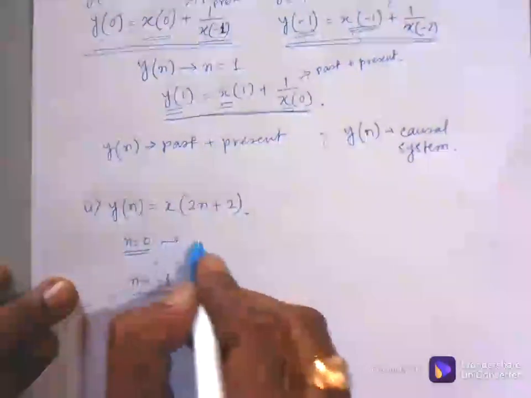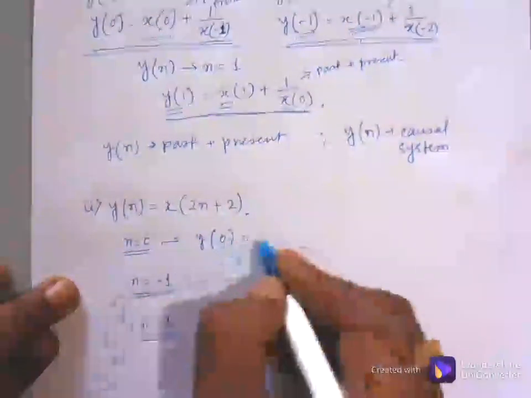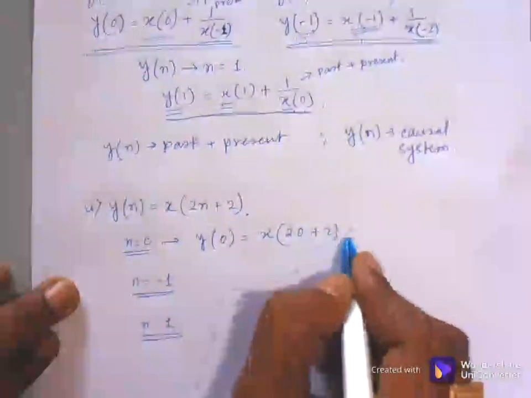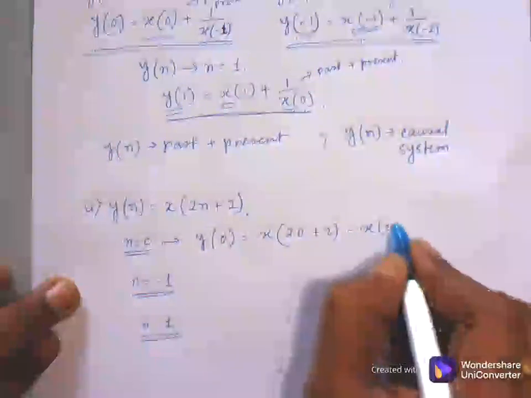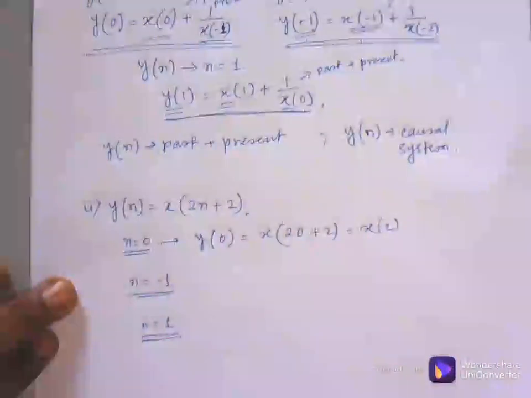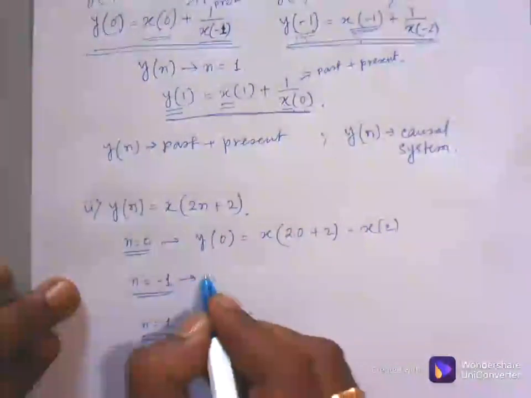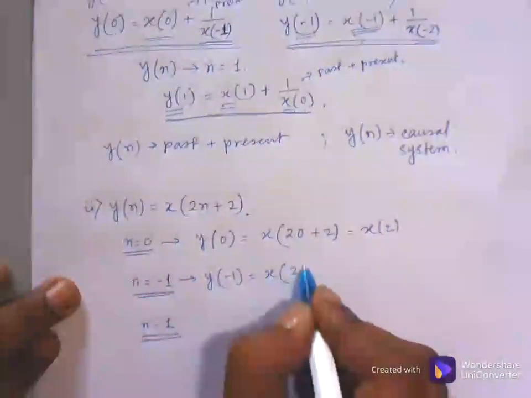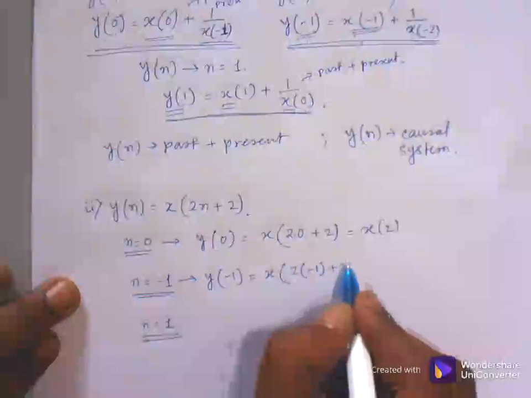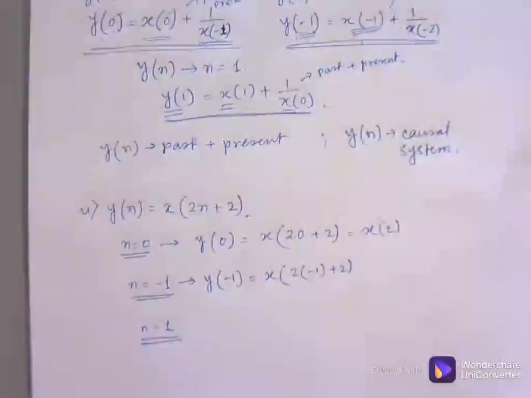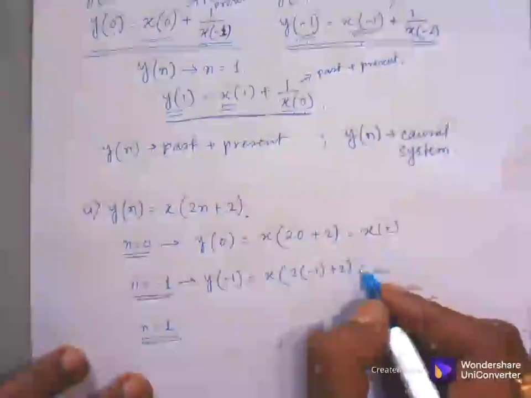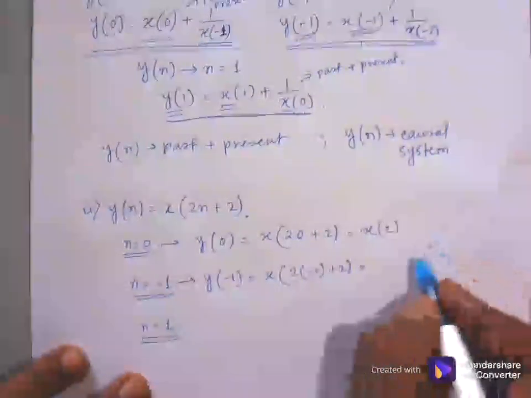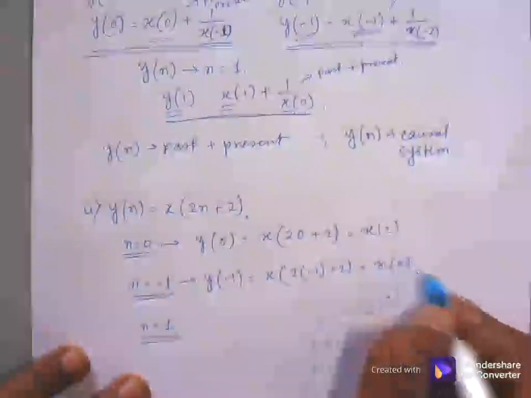So at n equal to 0, y of 0 equals x of 2 into 0 plus 2. So x of 2. Next is y of minus 1, x of 2 into minus 1 plus 2, so minus 2 plus 2, 0. So x of 0.